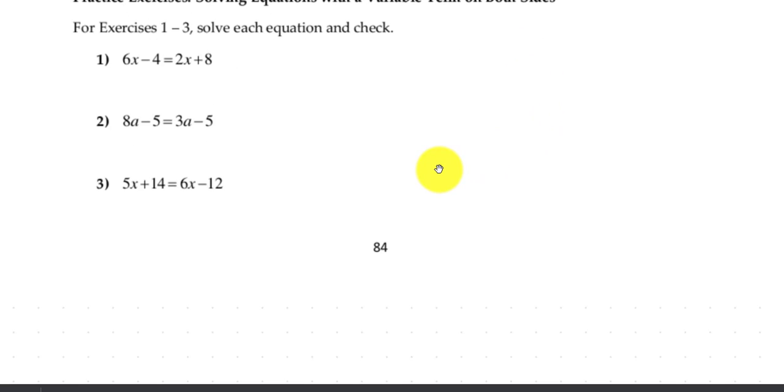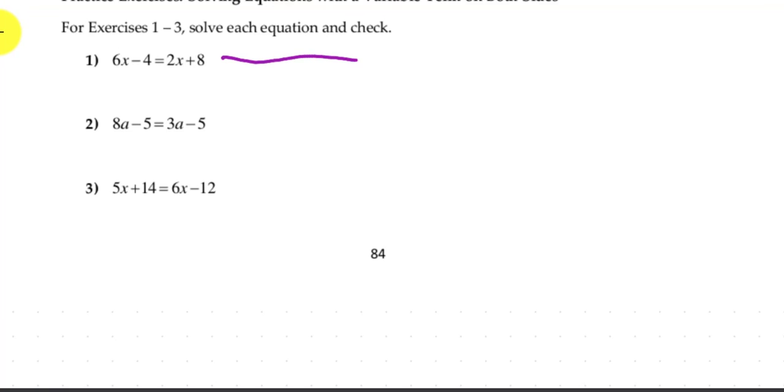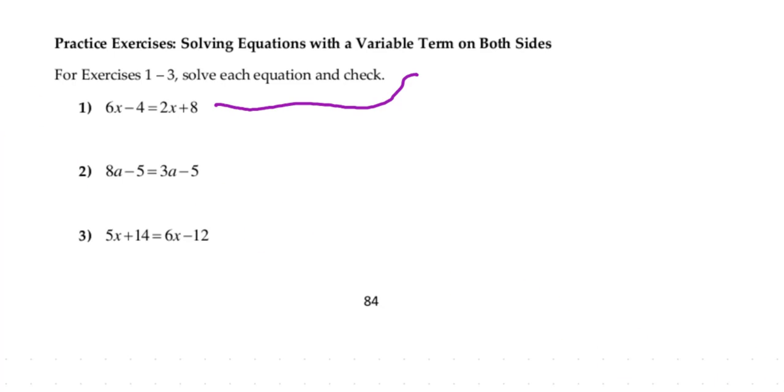If we look at problem number 1, I'd like to rewrite this over here. I'm thinking I'd like to subtract 2x from both sides, and that will leave me with 4x minus 4 equals 8.